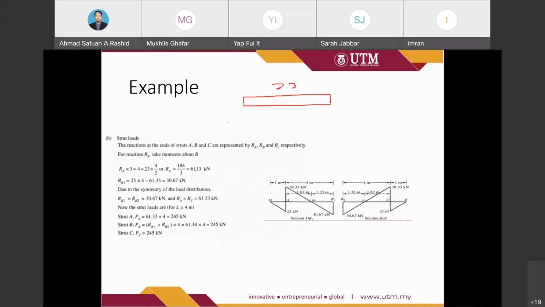Then this will be RB1, because this will be another for RB2. Then we have here RA.